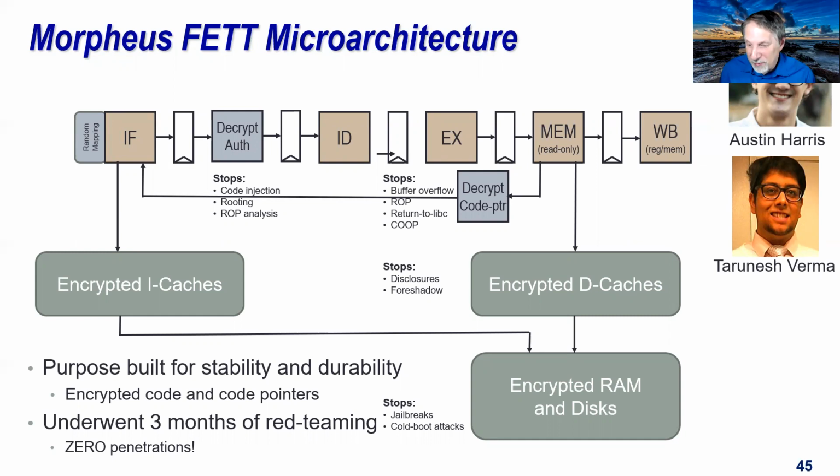And then we encrypt code pointers as well. When you encrypt a pointer, forging the pointer becomes very hard because, again, they're changing their keys on a regular basis. So if you want to jump to a particular piece of code, you have to figure out how to create that encrypted pointer. You could look at other encrypted pointers in the system, but that's really difficult too, because they're changing their pointer values on a regular basis.